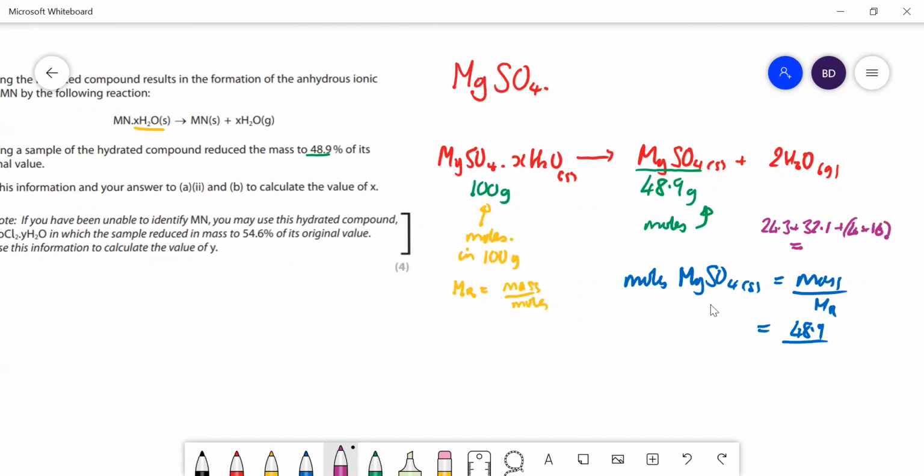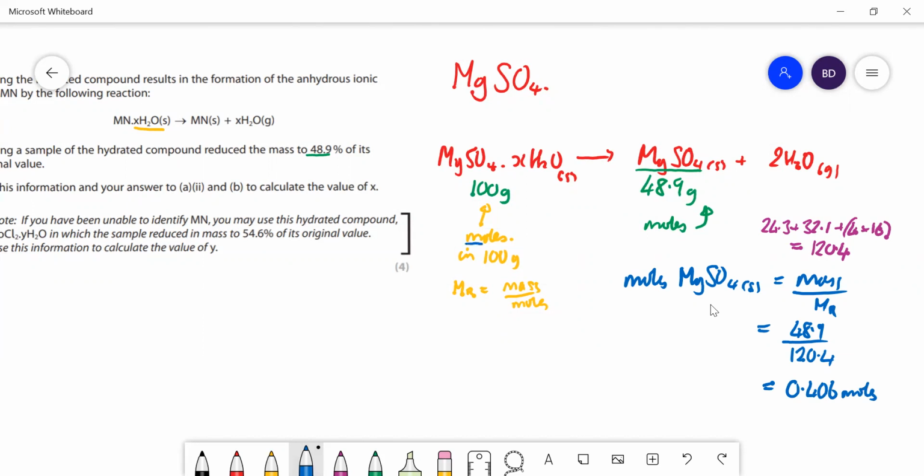That gives us 120.4. So put that in there, 120.4. Work that out, that gives us a value of 0.406 moles.